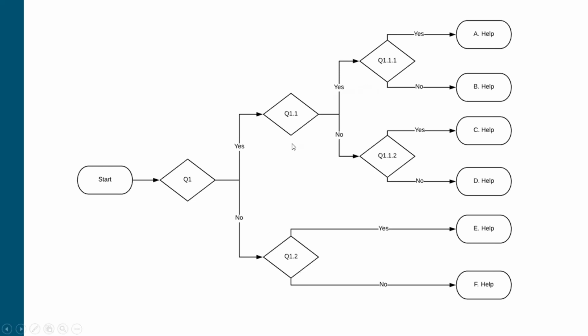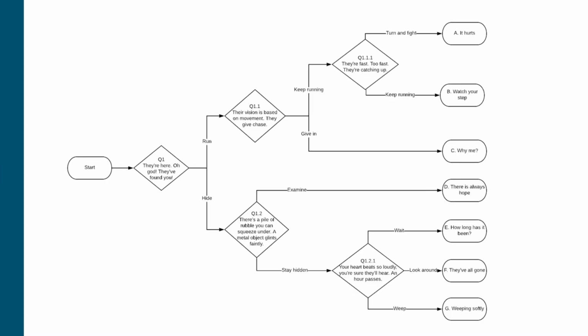So we've got our questions labelled kind of like chapters, so you can see the labels here, and then our help items are labelled just with A, B, C, etc. So we'll start off with the template flowchart and think about what we want to present in our wizard and come up with something like this.